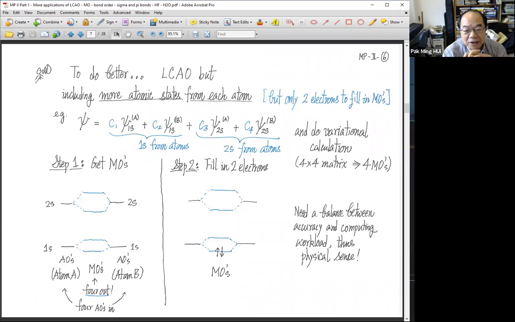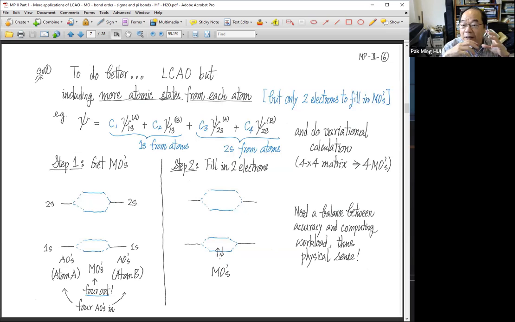You form the LCAO. The complexity of the H2 problem comes from the electron-electron Coulomb repulsion. We have encountered it in the helium atom. You can imagine you buy a package, pick some self-consistent Hartree method to do the calculation, and then you get the molecular orbitals, and you only have 2 electrons to fill in. Naturally, some energy will be gained, and therefore H2 exists.